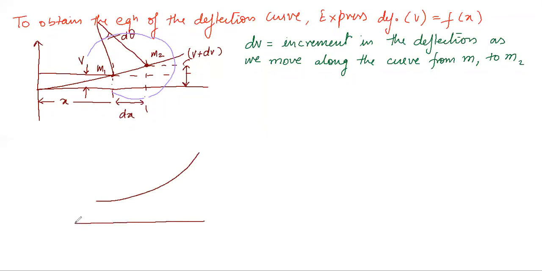On this axis, let's draw this axis, and this is the m1 point, and this should be the m2 point, right?